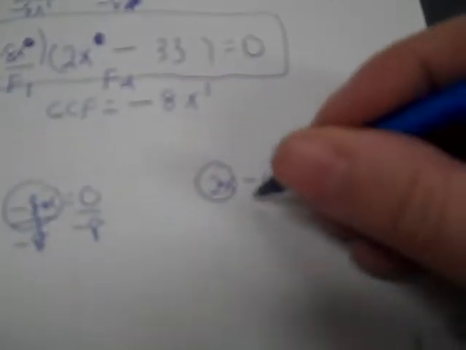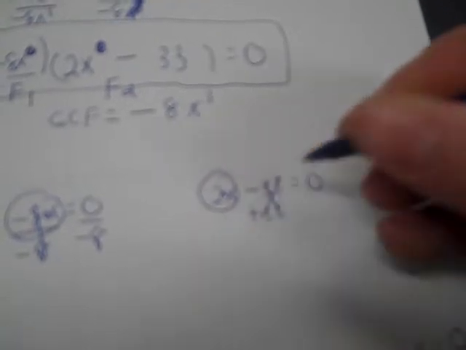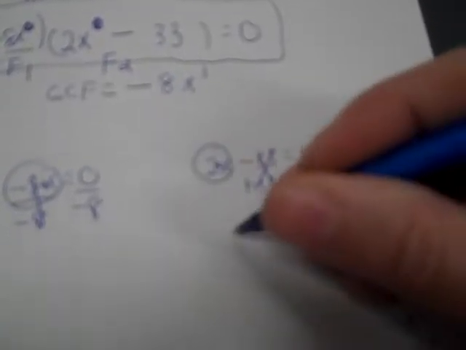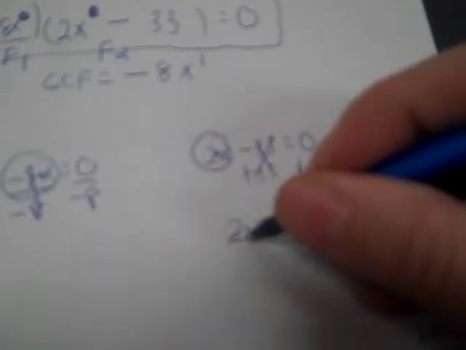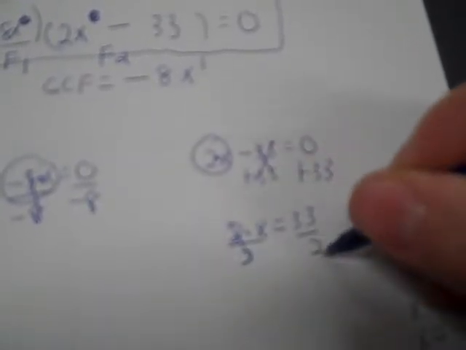And over here I add 33 to both sides. So 2 times x equals 33. Divide by 2. Then I divide 33 by 2, 16.5. I'm going to put my higher answer, the 16.5, for the seconds. So the seconds are equal to 16.5.